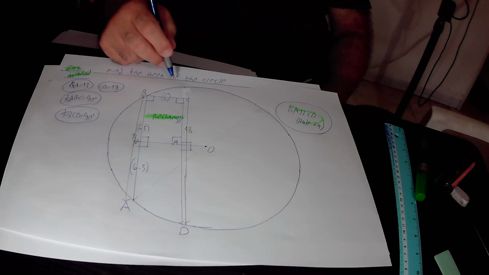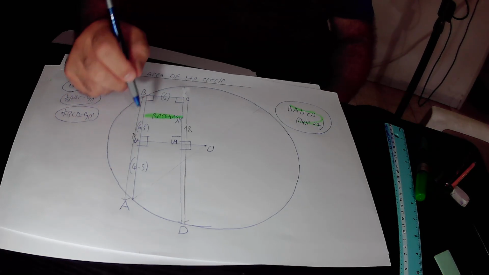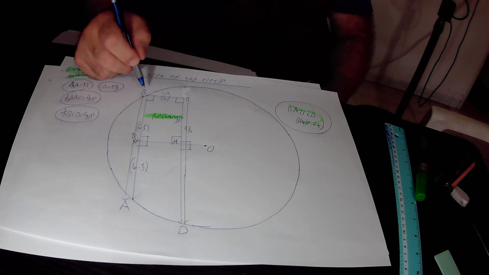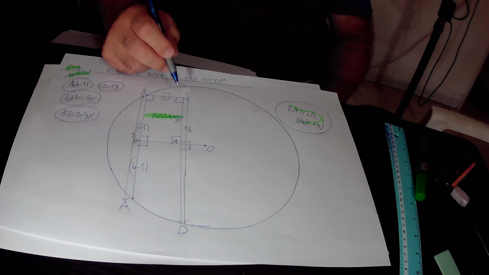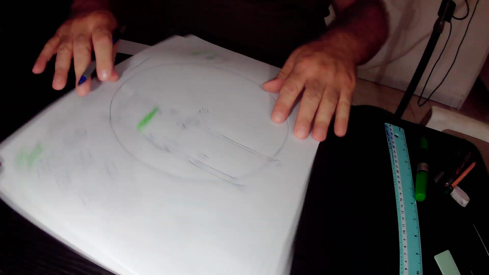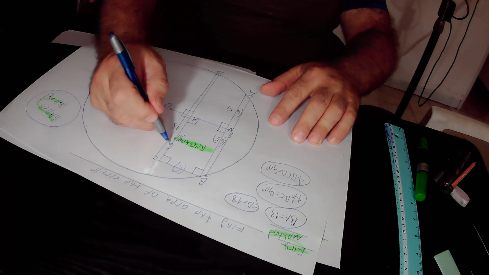So in rectangle BCMN, side BN must be equal to the opposite side CM, but BN is 6.5, therefore the opposite side CM must also equal 6.5 units in its length. So CM equals 6.5 units.